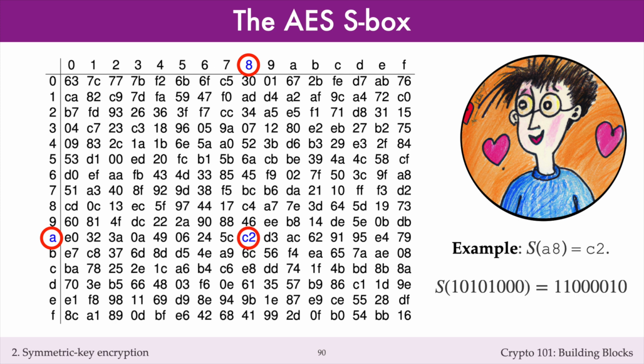In terms of binary strings, S maps the string 10101000, which in hexadecimal is A8, to the bit string 11000010, which in hexadecimal is C2. So the AES S-box can be easily implemented using a lookup table.